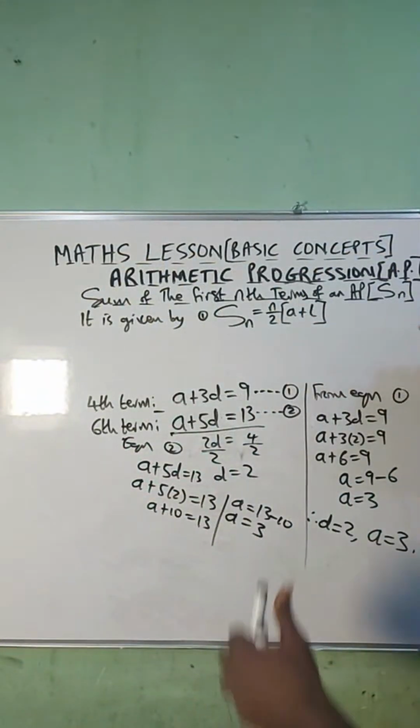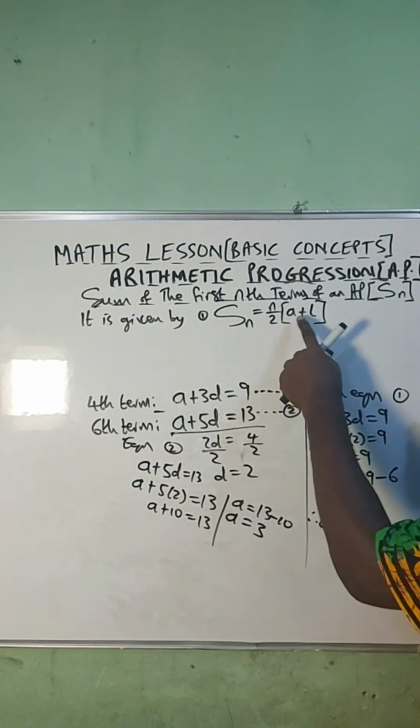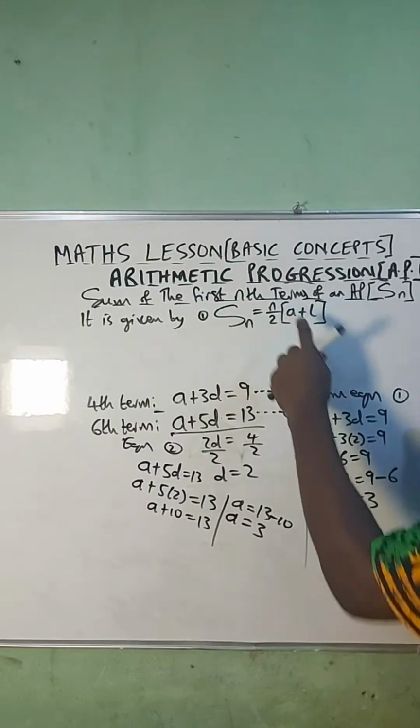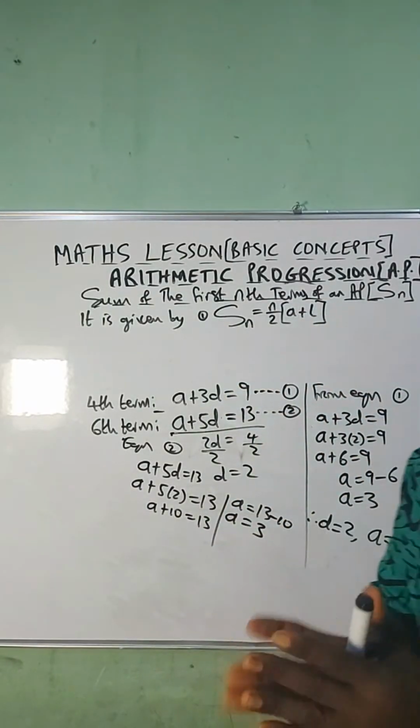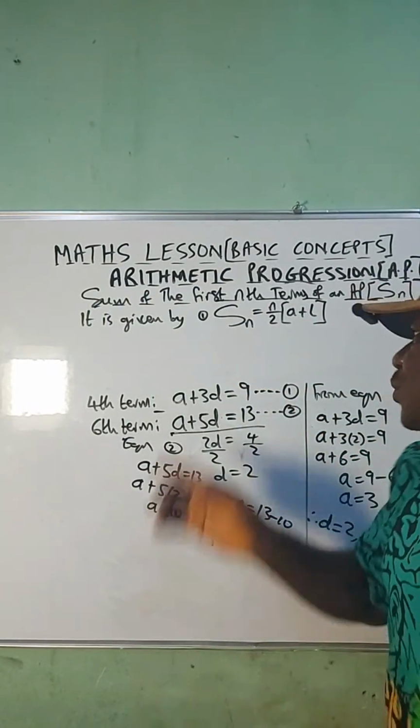We can use this formula when you know the first term, you know the last term, and the number of terms, but you don't have any information about the common difference. That's when you can use this formula.